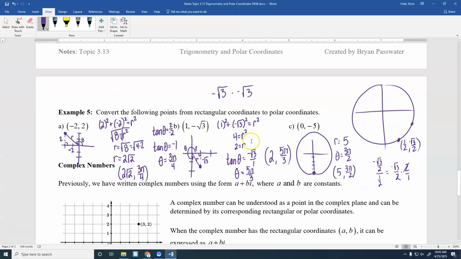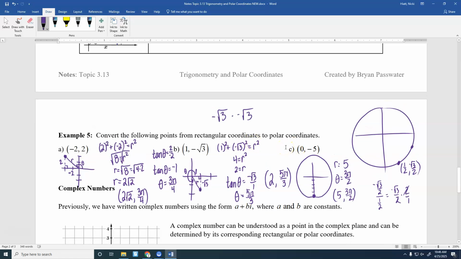So are the rectangular and the polar coordinates basically the same values, just expressed in a different way? Yes, they're the same. They're still the same point on your regular XY coordinate plane, but the way that you're getting there is different. It's more or less the way that you're talking about the point, not where the point is at.